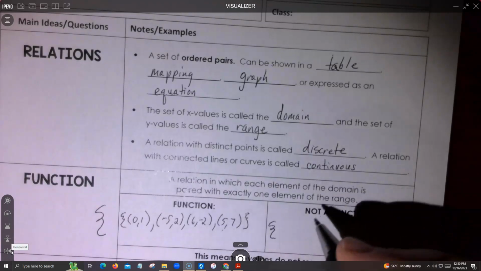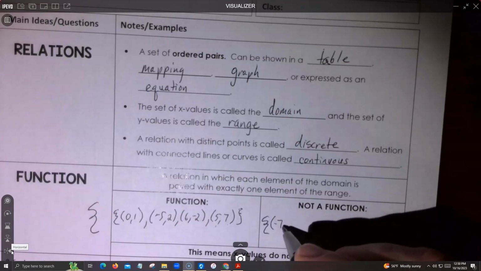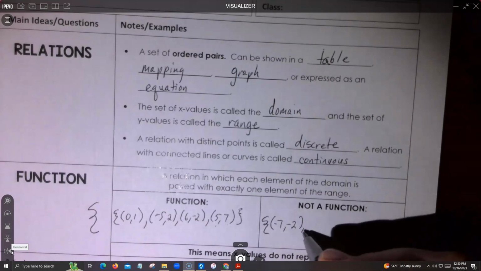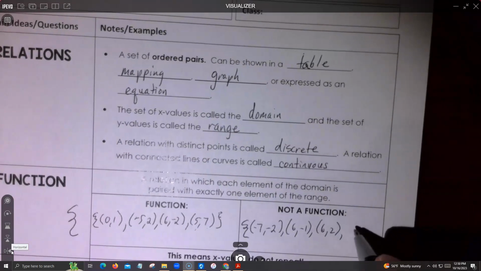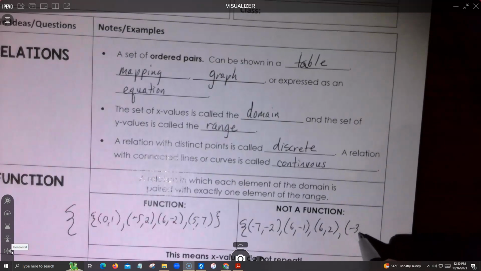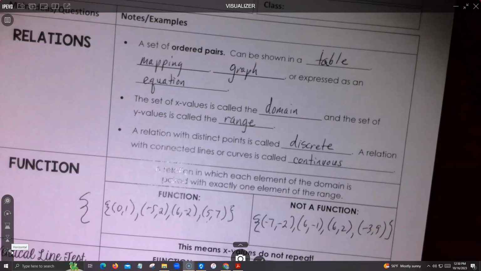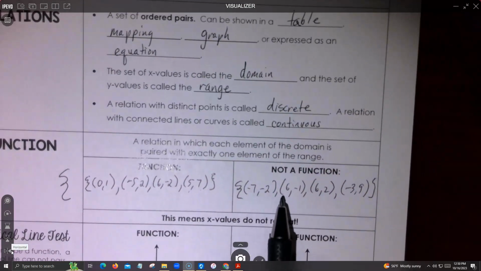Here's something that's considered not a function: (-7, -2), (6, -1), (6, 2), and (-3, 9). Here we have an instance where the 6 has been paired with the -1 and with a 2.